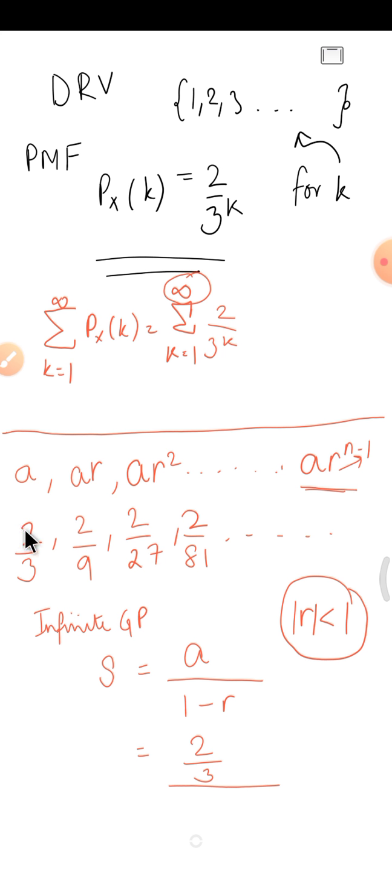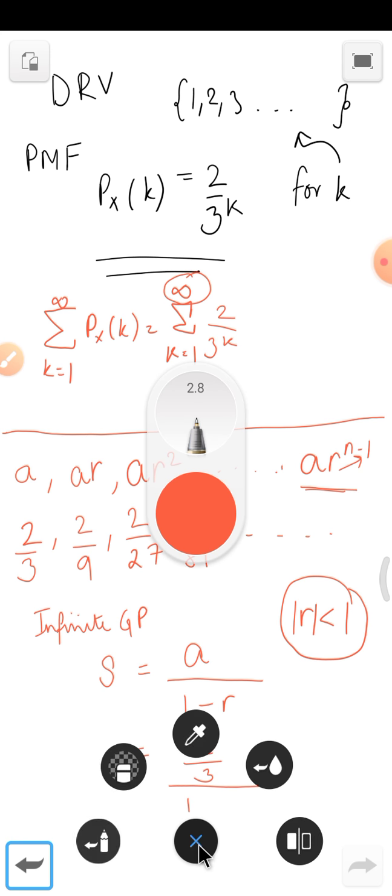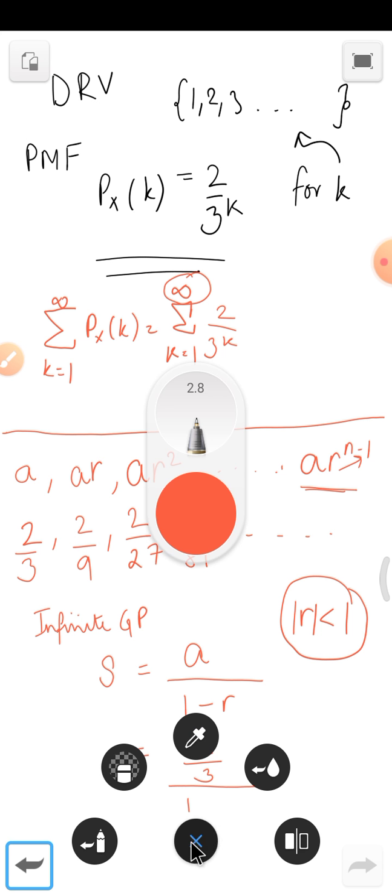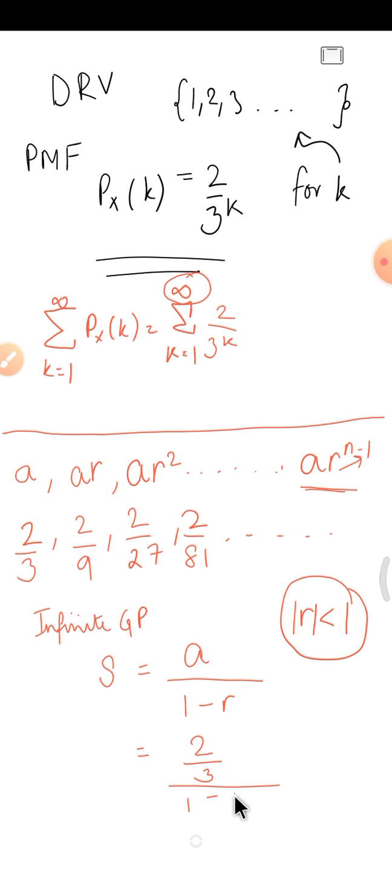You can see 2 by 3 into 1 by 3 gives our second term 2 by 9, then 2 by 9 into 1 by 3 is 2 by 27, so it goes on and on. So 1 minus 1 by 3 is 2 by 3, and this will be 2 by 3 upon 2 by 3, which will be 1. So we can confidently say that this is a valid PMF.